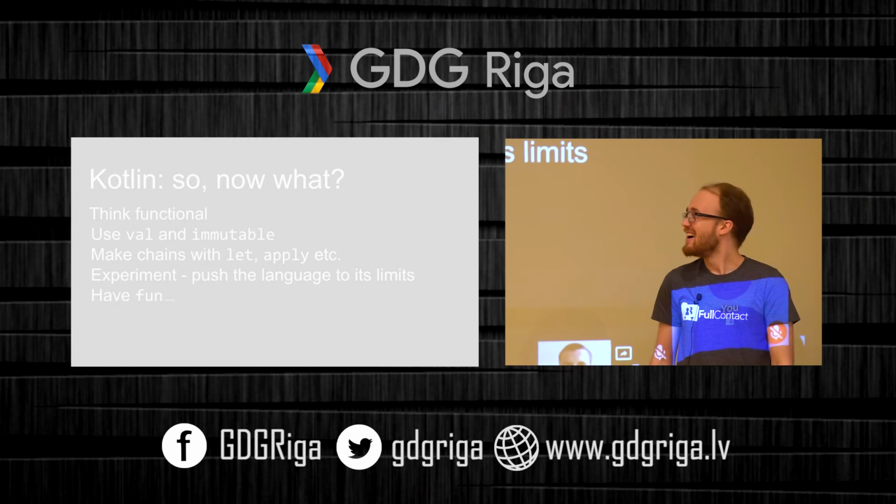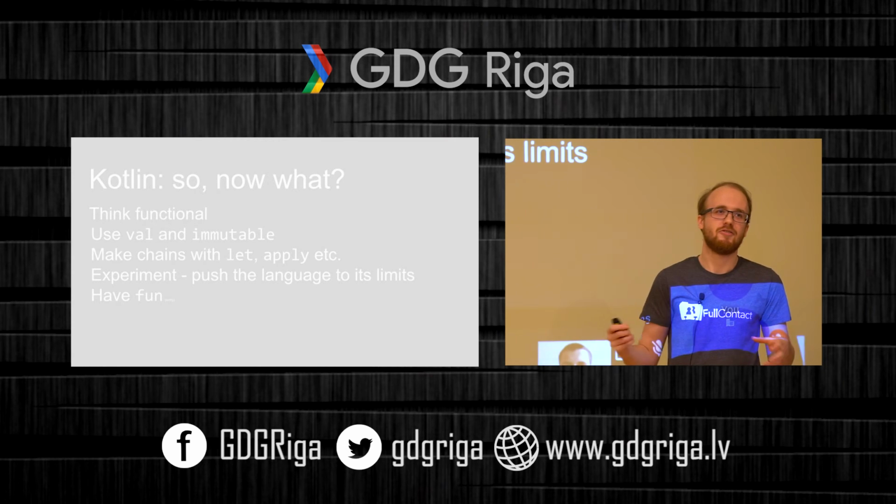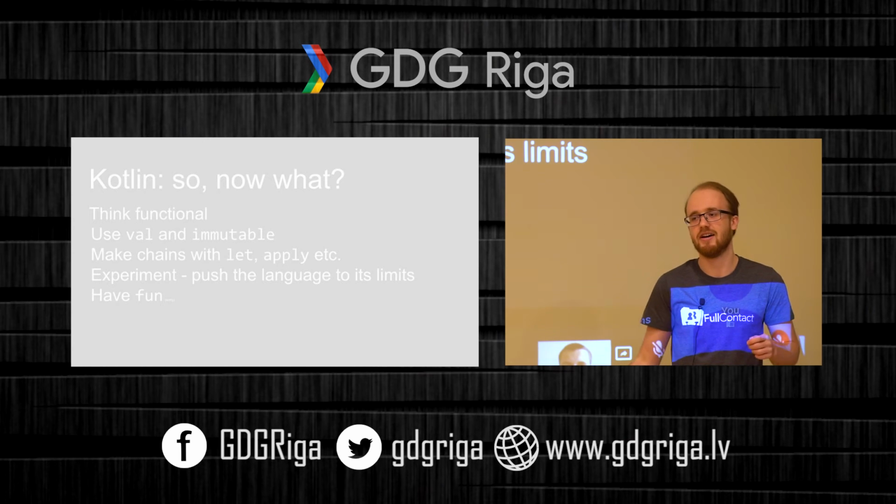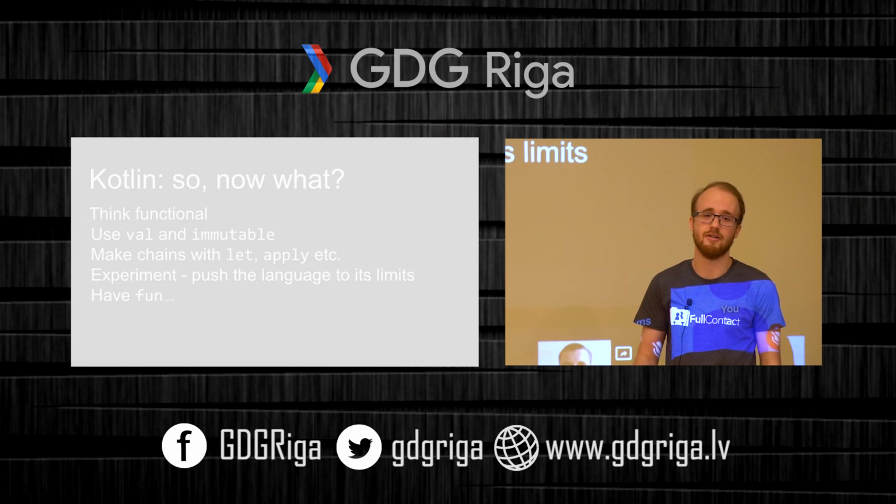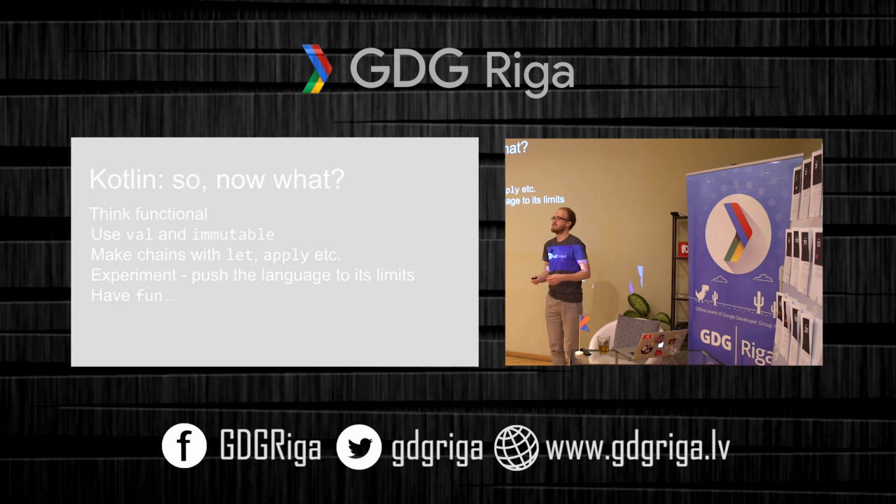Embrace it, and use the standard library keywords like let, apply, and now the new ones also, and takeIf, and just make chains, because chains are cool, and just have fun. It's really a fun language. If nothing else, I've just had more fun writing Kotlin than Java.